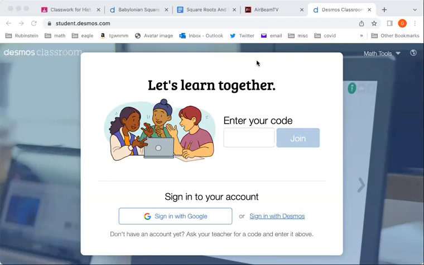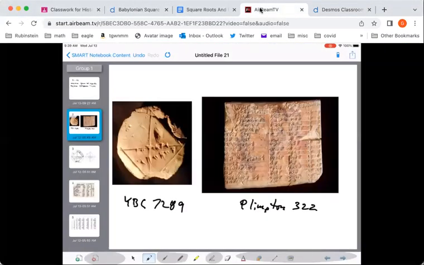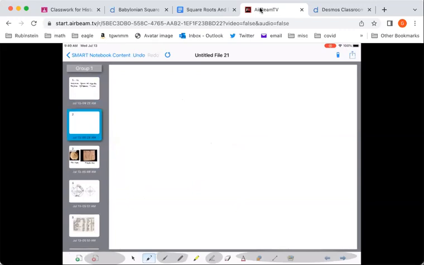Also, there are some people still coming in. So you can go ahead if you're able to access this. If not, you can send the answers to these questions to me in a private chat. But if you go to student.desmos.com and enter 9RJMBE.